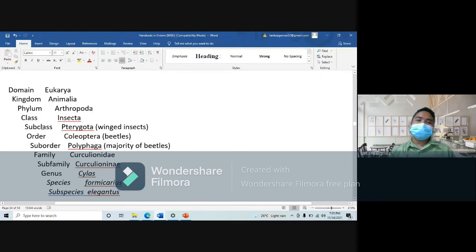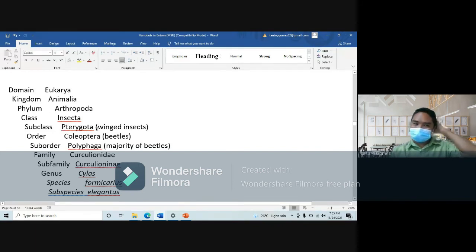Under class Insecta is the subclass, for example Pterygota, with a silent P. Pterygota are winged insects, or insects that have wings.